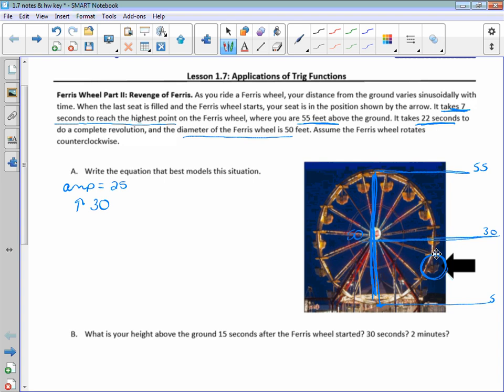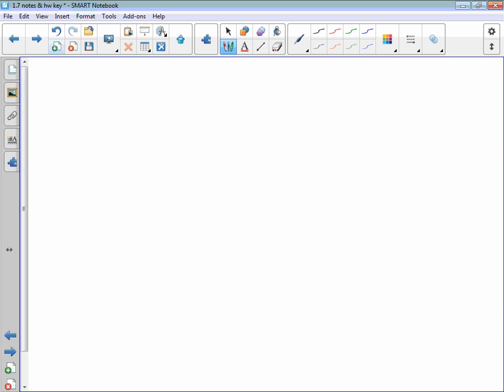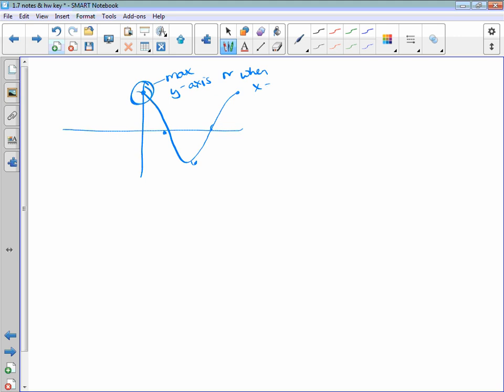We're going to do this as a cosine equation because it's so much simpler. If you think about a cosine graph, you don't have to write this down. This is what cosine looks like, right? This maximum is on the y-axis every time, or when x equals 0. Much simpler than using the sine equation.